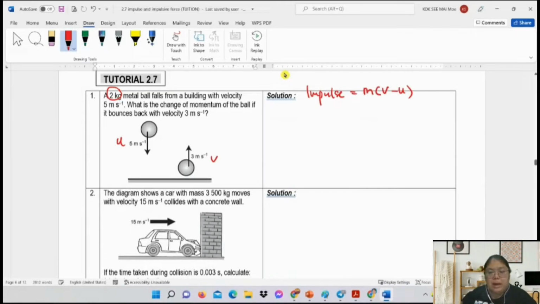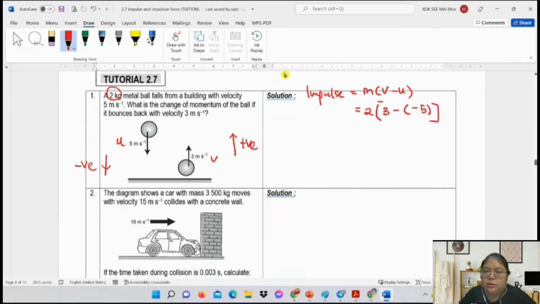Remember, I don't want the answer to be negative. I want the answer to be positive. So we always take v as the positive direction. Take upward as positive when it goes up, and when it comes down I take it as negative. So I put 2 kilograms, v is 3, minus u is negative 5.